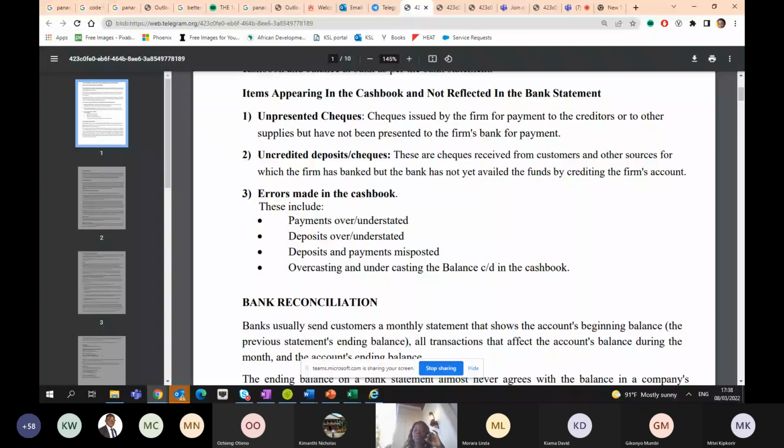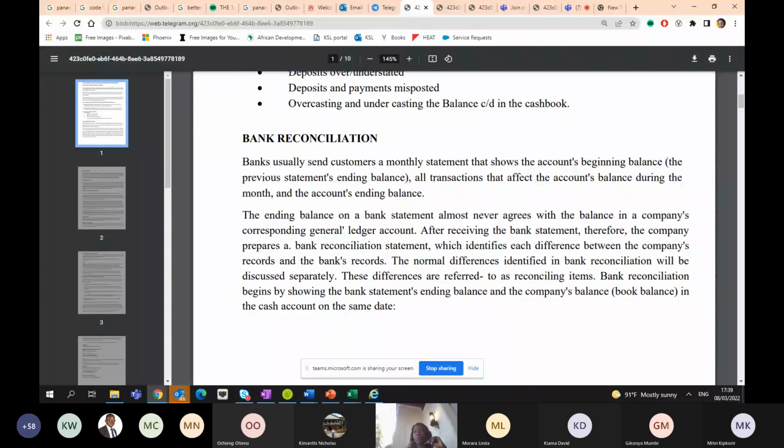The last reason is that sometimes you make errors in the numbers. You write down the wrong numbers, or there's an overpayment or underpayment, which might also bring in some issues.